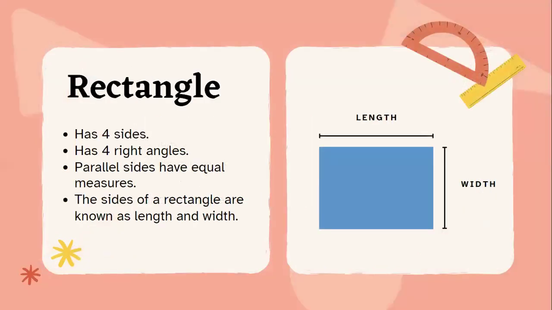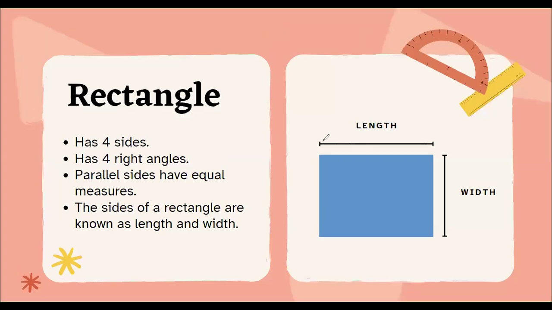So what is a rectangle? A rectangle has four sides, it has four right angles, and parallel sides have equal measures. The sides of a rectangle are known as length and width. So what is the length? Can you tell me what is the length? This is the length and this is the width.